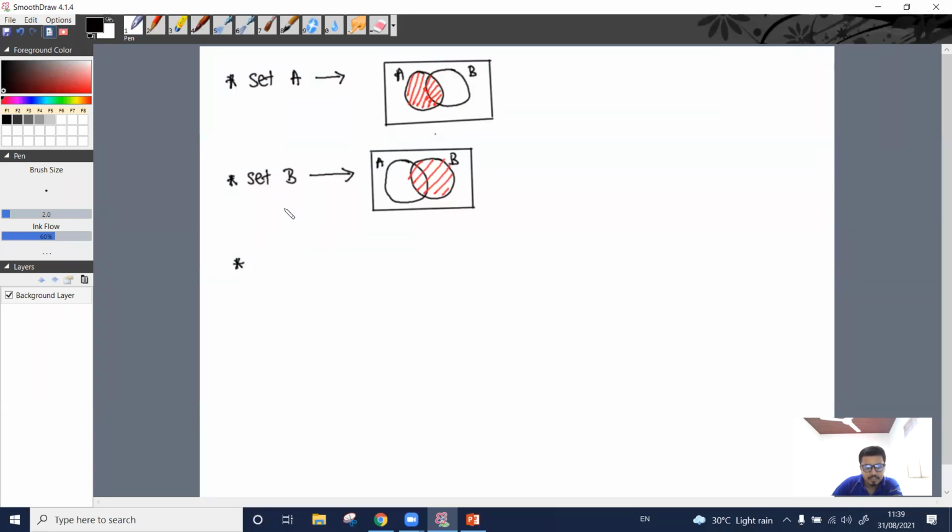And if I say A union B, or else in words, how can I say this? Area belongs to A or B. How can we identify that area?